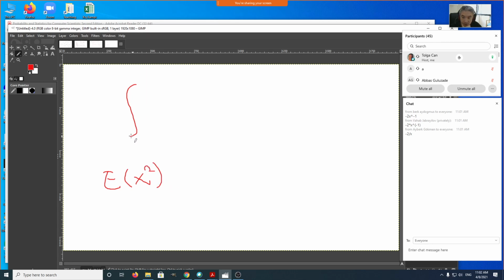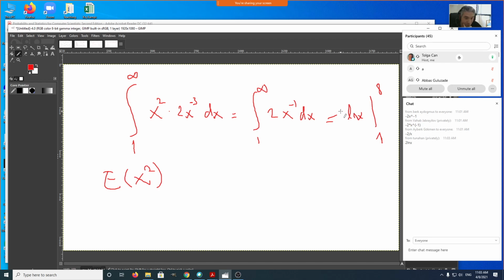That is the integral from 1 to infinity of x squared multiplied by 2x^-3 dx, which is the integral of 2 times 1 over x, so it's going to be 2 times ln x from 1 to infinity. The infinity symbol is right like this. And ln infinity is infinity.